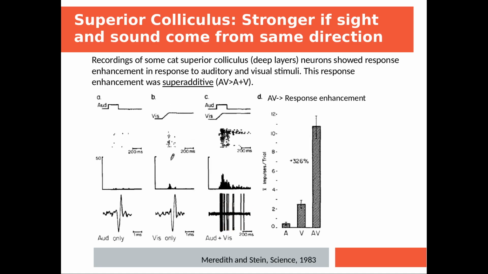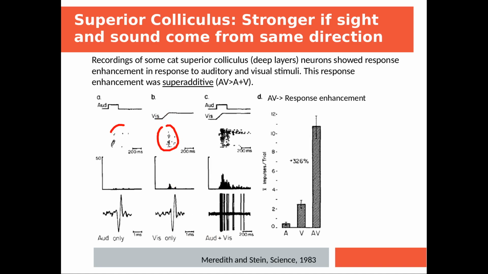These are the spike histograms of the cell, and you can see that the cell responds a very small amount to just the sound. The sound is turned on and then off for about 200 milliseconds. With just the sight, like the light moves or turns on, it responds a little bit more.